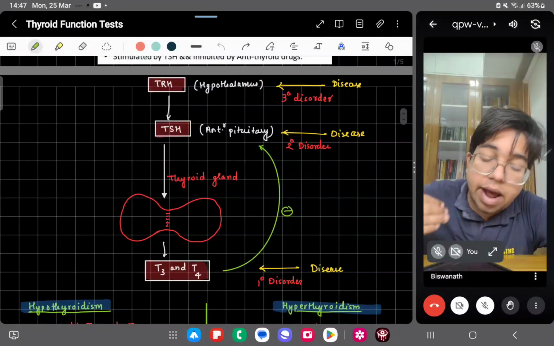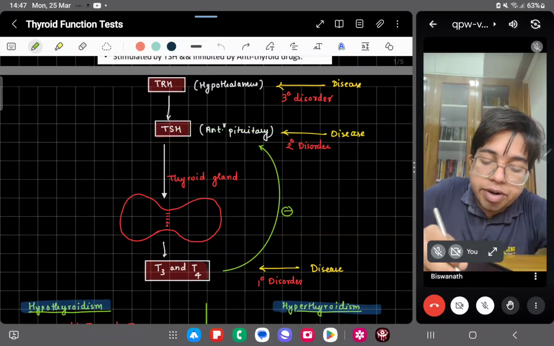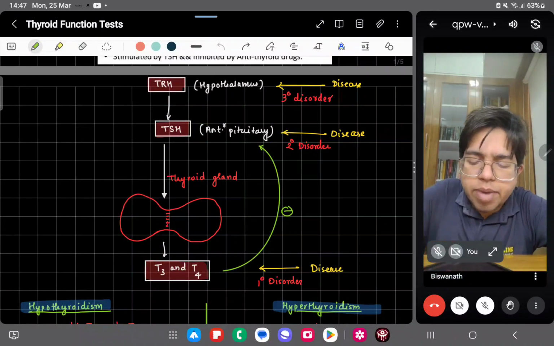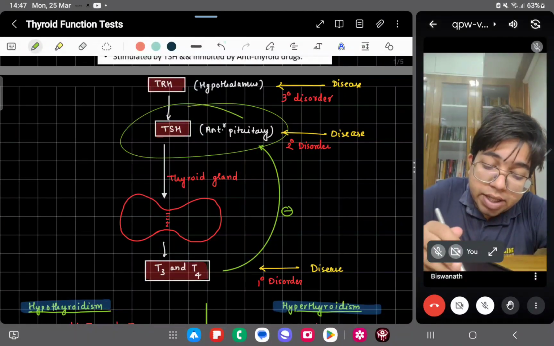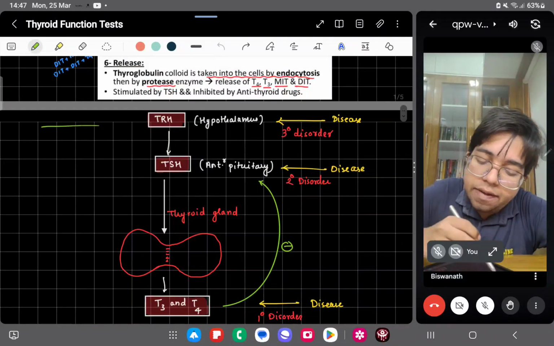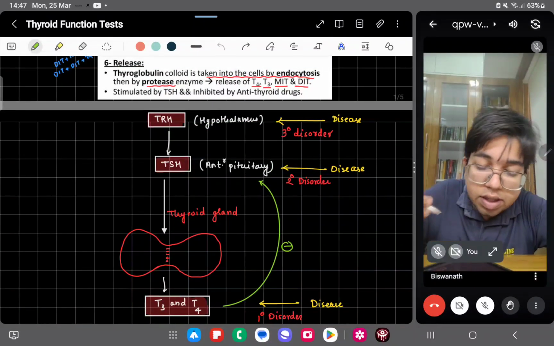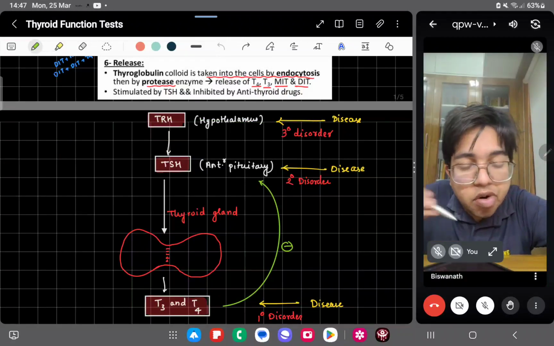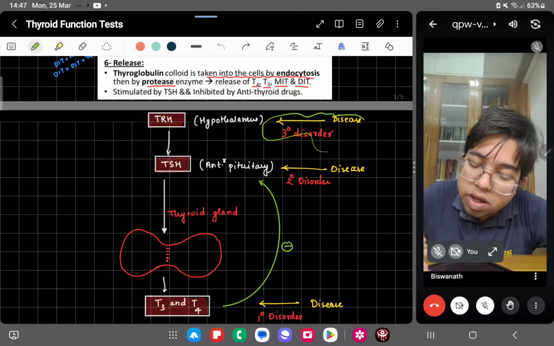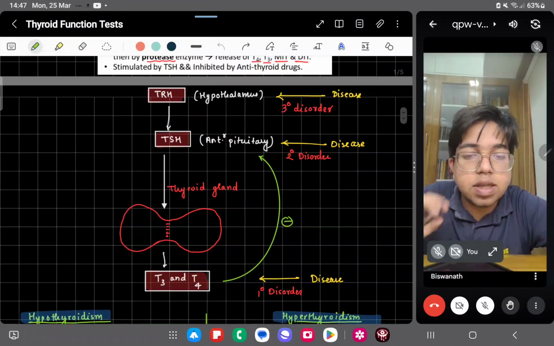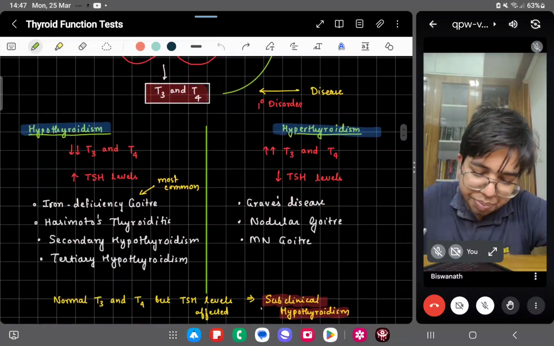If the disorder is at a higher level, that is at anterior pituitary level, if there is a tumor or an obstruction, or by some means your TSH is not being released, that disorder is called a secondary disorder. And if there is a disorder at the tertiary level, that is even higher, like the hypothalamus, there may be hypothalamic syndromes which will cause your tertiary disorder. So these are primary, secondary, and tertiary disorders with respect to the thyroid gland.